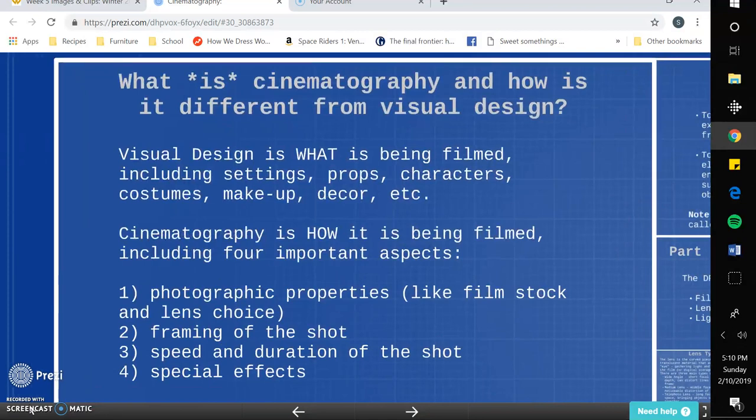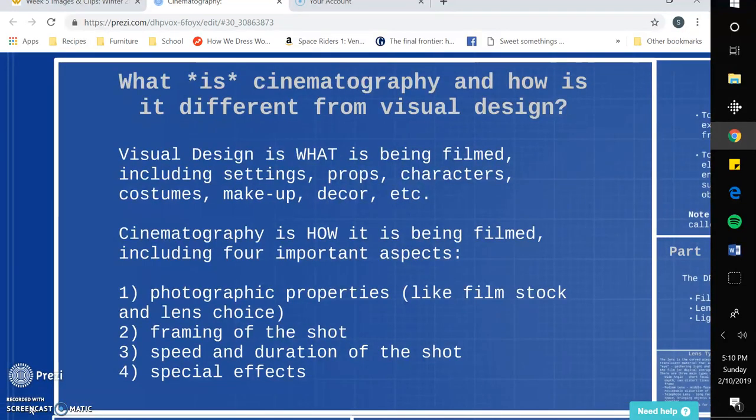Now, how is cinematography related to or different from visual design? Last week, and the week before, we were talking about visual design, right? Mise-en-scène, composition, blocking, settings, props, characters, makeup, kinesis, all of these different aspects. And how is cinematography different from those aspects? Well, one easy way to remember the difference is that visual design is what is being filmed, what is contained within the frame.